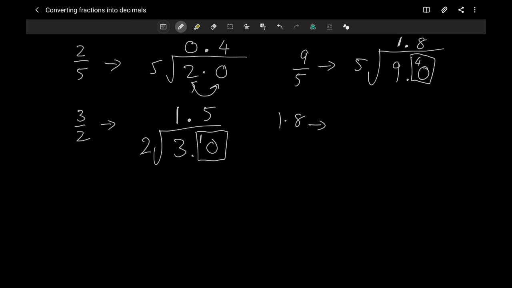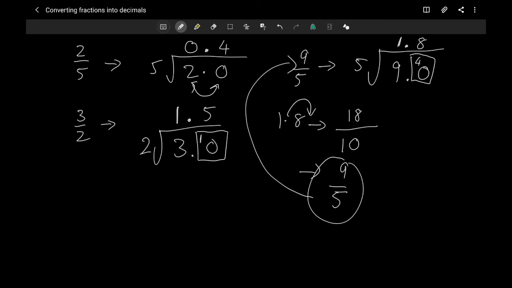Now, to convert 1.8 into a fraction, you move the decimal spot over once, so the numerator becomes 18. And because you moved the decimal spot one place, the denominator becomes 10. Now, if you simplify 18 over 10, you know that the answer is 9/5, which is correct.